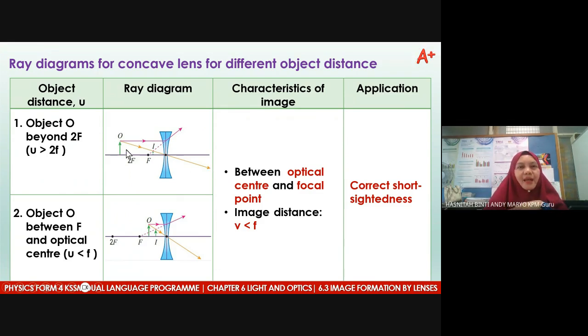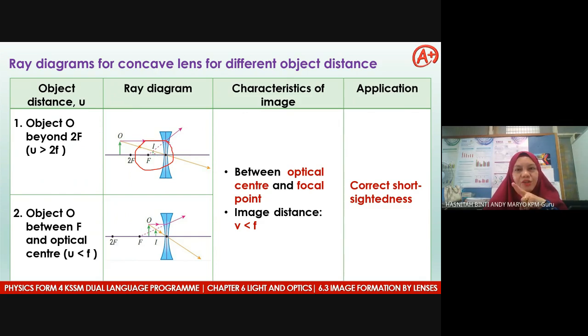Then we apply the second rule, a light ray parallel to the principal axis and then diverging. Remember, it must diverge out from the focal point in front. So this is the intersecting point, where our image forms.